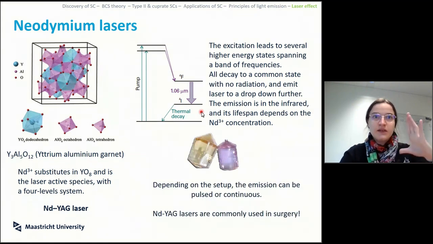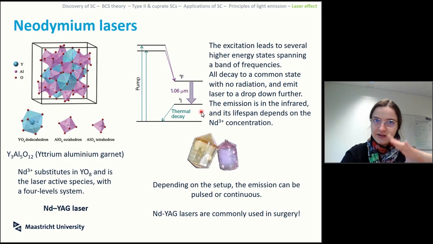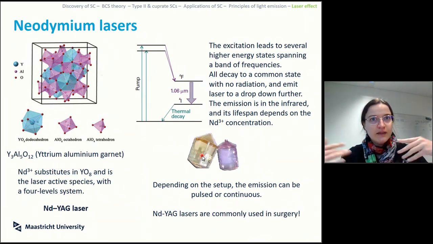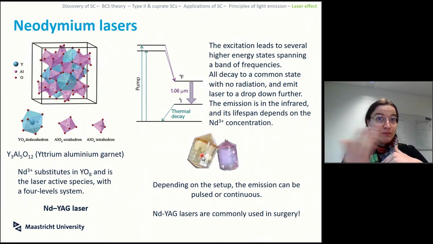So this is the type of laser that you use in surgeries. If you have ever done any procedures with a laser, you know that on the skin it can get particularly hot, and by the fact that it's infrared radiation, it can actually penetrate deeper, whereas visible light just bounces off your skin for the most part.